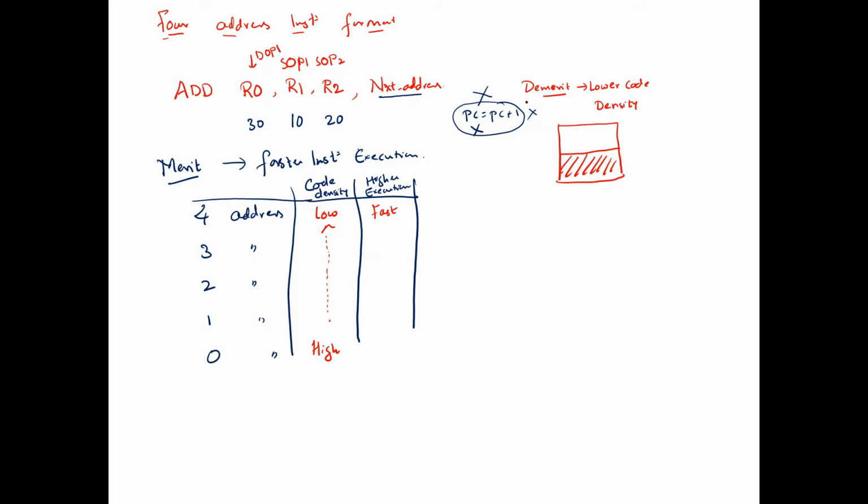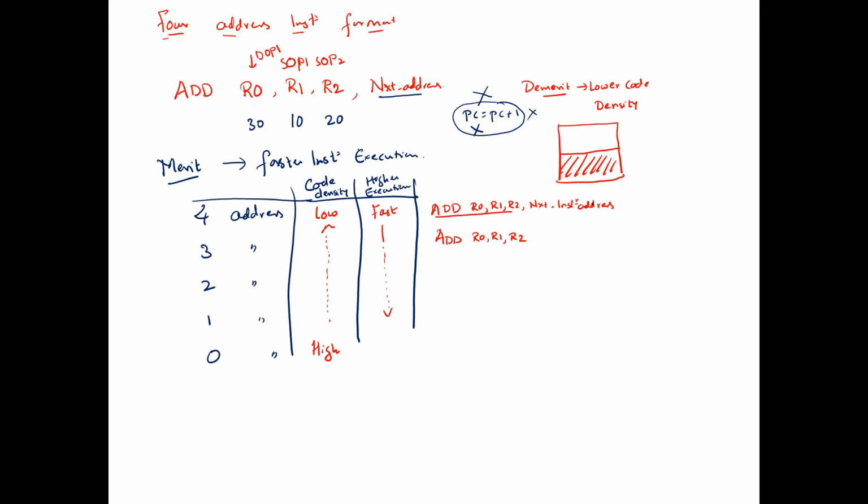And when I move towards the zero address instruction format, say for example, in the three address instruction format, what happens? Add R0, R1, R2. And in the four address instruction format, add R0, R1, R2, and the next instruction address we have mentioned here. Now, how has this become slower?